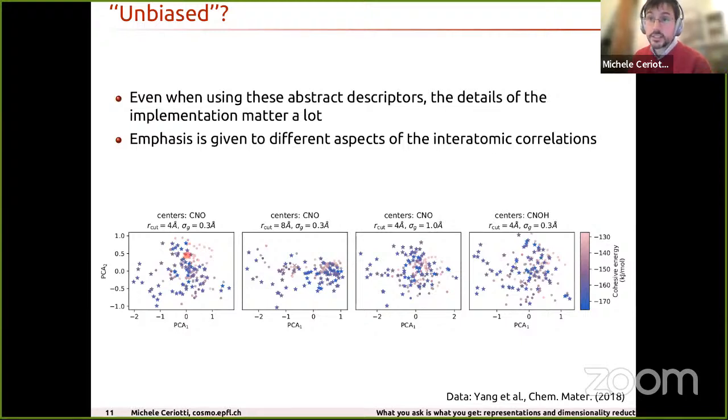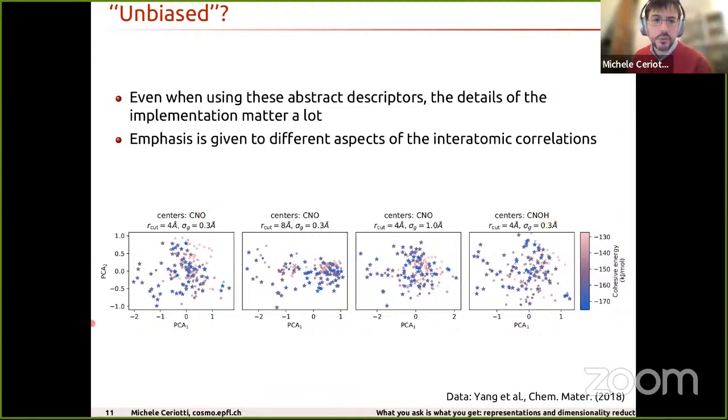And the distances between structures depend a lot on the emphasis that your choice of descriptors give to different parts of the interatomic correlations that are then discretized to form your SOAP or Behler-Parrinello features.